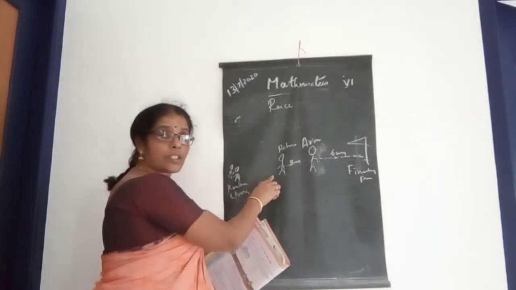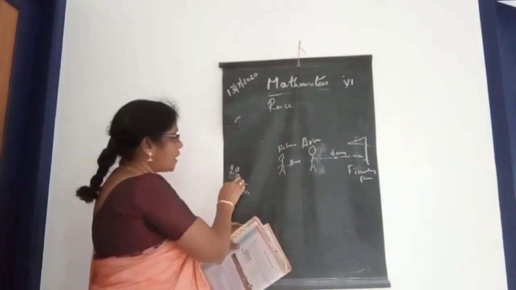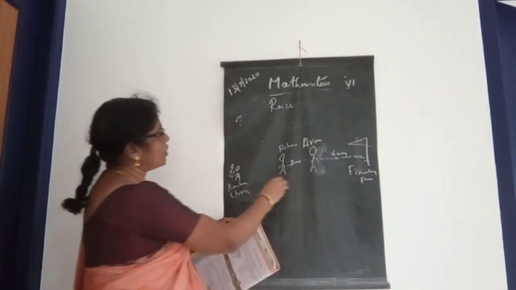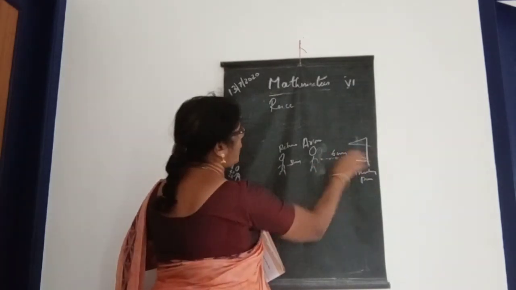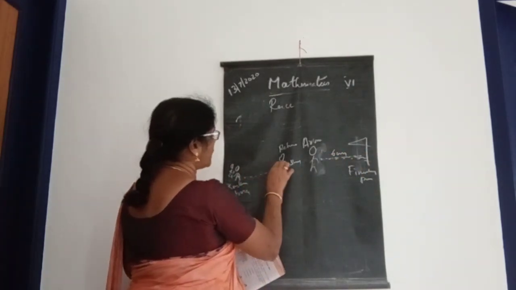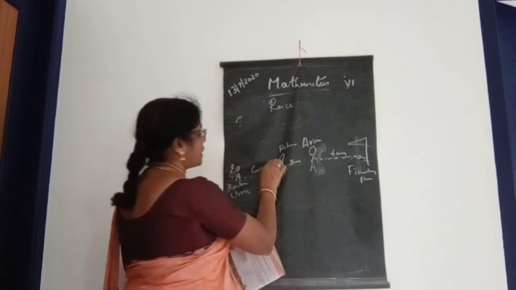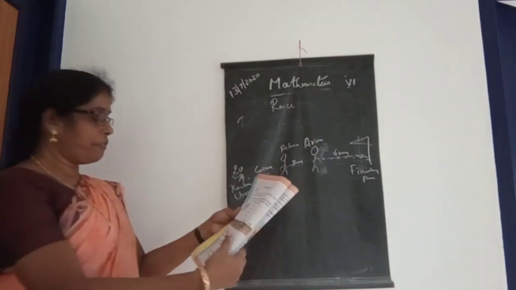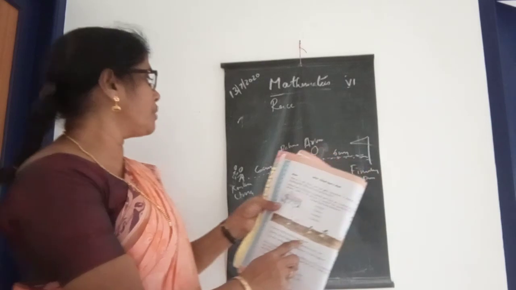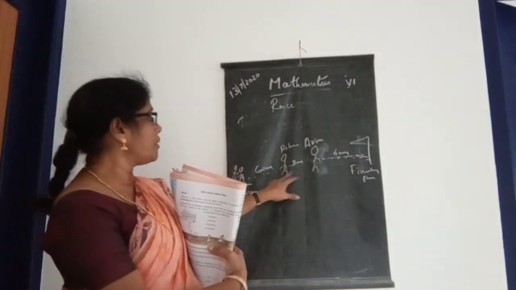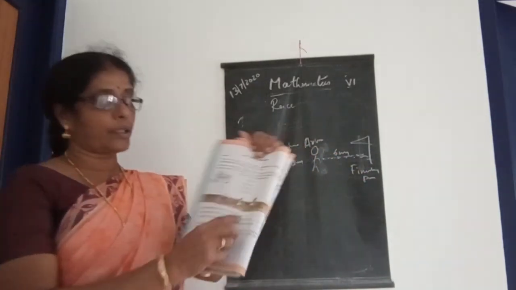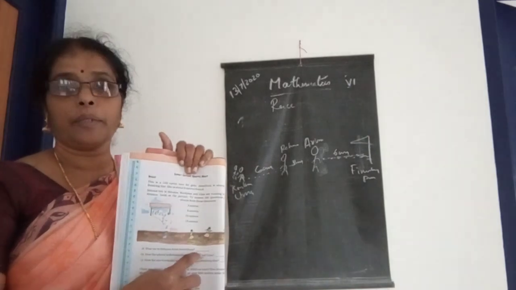That is the same as this finishing point to Arundhati. How much centimeter is that? That is also 6 centimeter. So, in first, how far is Reina from Arundhati? That is 3 centimeter. You can write it here, 3 centimeter.